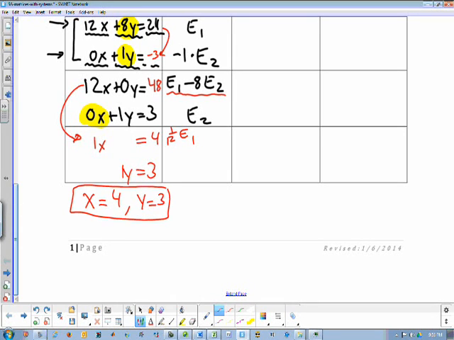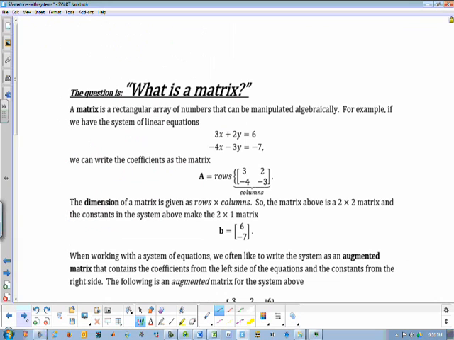Okay, now we're going to clean that up with matrices. So we'll come back to this table in just a second, but flip the page. And here's the big question we might be asking: what is a matrix? All right. So if we have a system like this, we can take the important information.